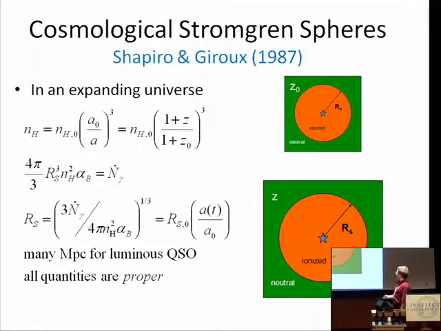You find that the Stromgren radius is just the Stromgren radius at your fiducial time, t equals 0, times the scale factor divided by the scale factor at the fiducial time. So in other words, the Stromgren radius just expands linearly with the universe. The universe expands by a factor of 5, the Stromgren radius expands by a factor of 5. Now, for luminous quasars, this Stromgren radius is many megaparsecs.